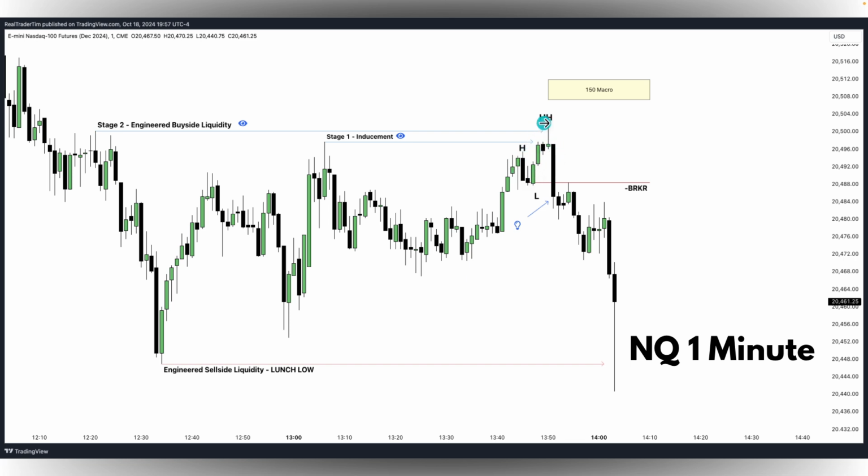Early shorts are punished and knocked out when they thought this was resistance and their stop loss was here. Longs trying to play a breakout trade above both stage 1 and stage 2 liquidity are getting trapped above here. The market provides us with an entry utilizing our high probability breaker. Again, it's these 2 consecutive down close candles, and we bleed to lunch's low.